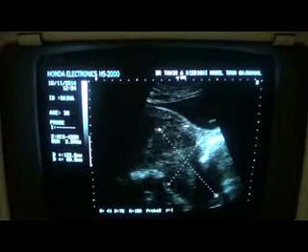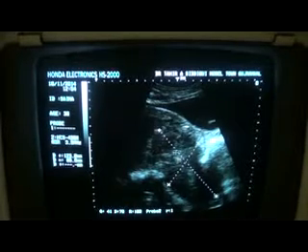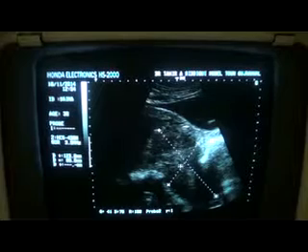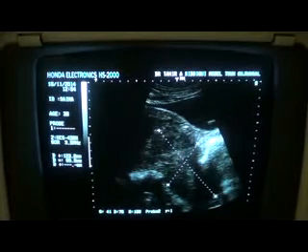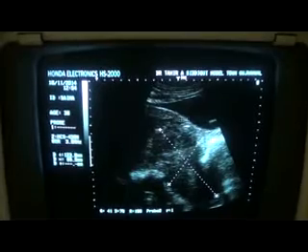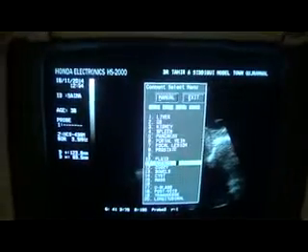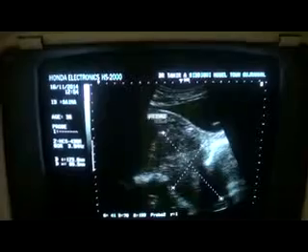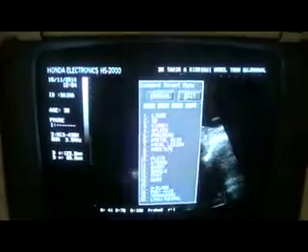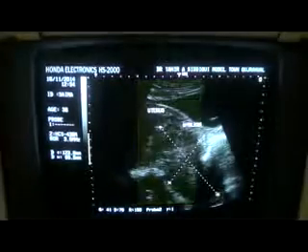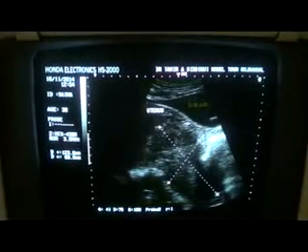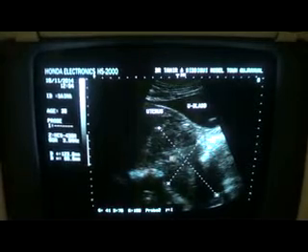You see this, it measures 12.3 centimeters in length and 6.5 centimeters in anteroposterior diameter, and this is the anterior lip of the cervix. This is the uterus. This area, this is the anterior uterus. The myometrium is compromised. The size of the myometrium in this location is very much compromised.